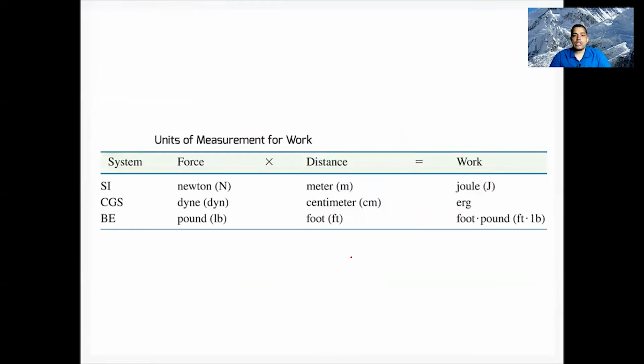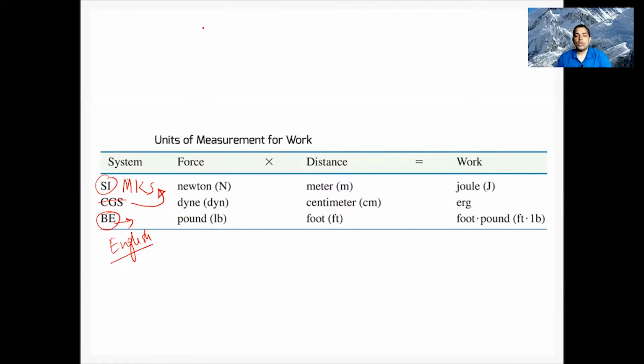In this slide, I'm going to talk about different units of work. In the previous class, we talked mainly about two kinds of systems: the SI system of units, also called MKS, and the British English system. Here I'm going to introduce another system of units, called the CGS system, which is related to MKS.